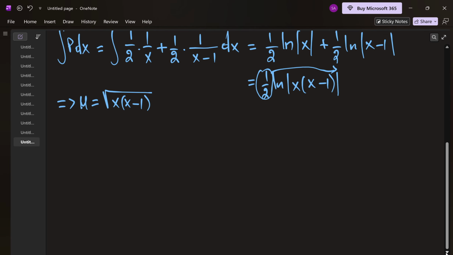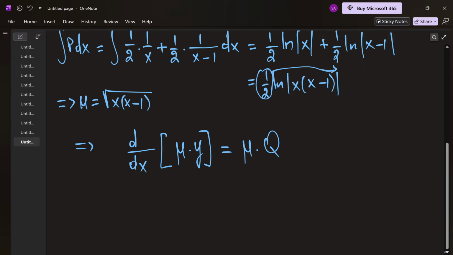Now you multiply by the integrating factor. By multiplication with the integrating factor, you get that d over dx of the integrating factor times y is equal to u times q of x.